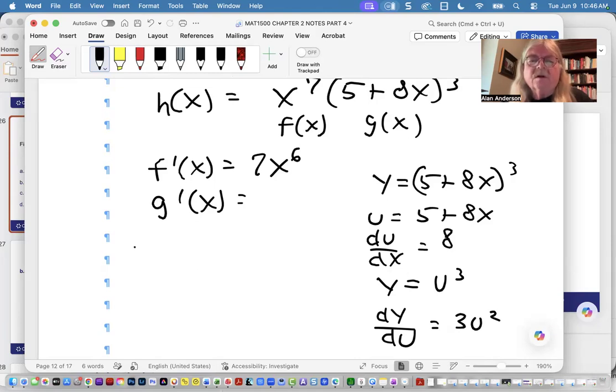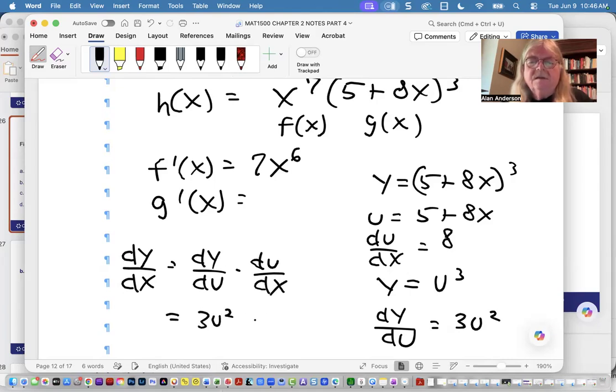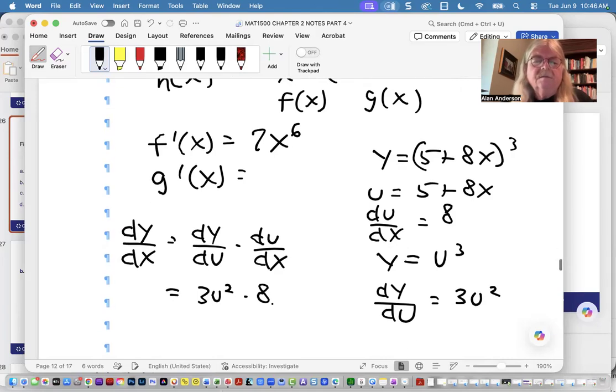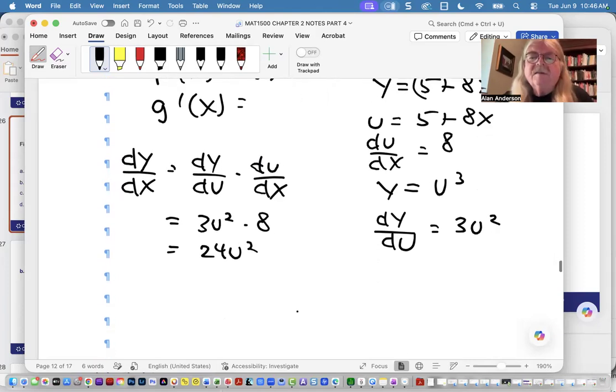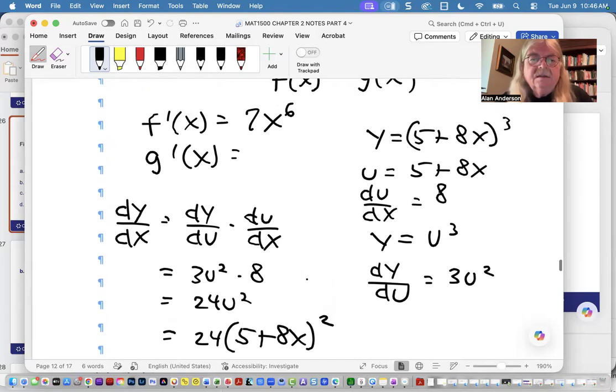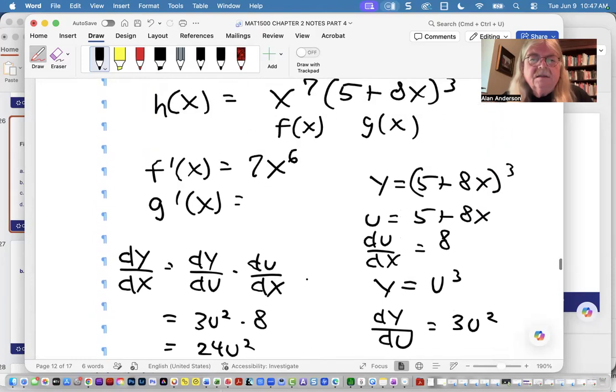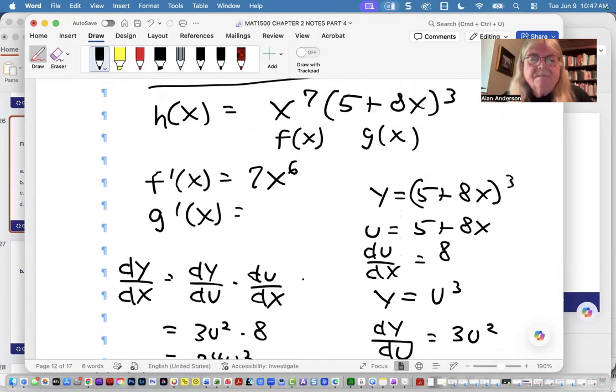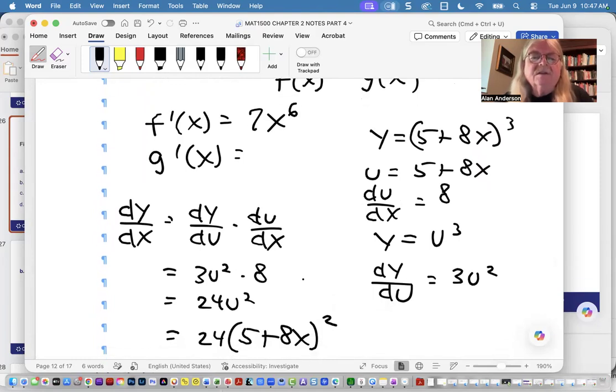So remember how this works: 3u squared times 8, and the u is 5 plus 8x. Okay, and that is that. Well, actually, I'm sorry, we're not done because this is just g prime of x.